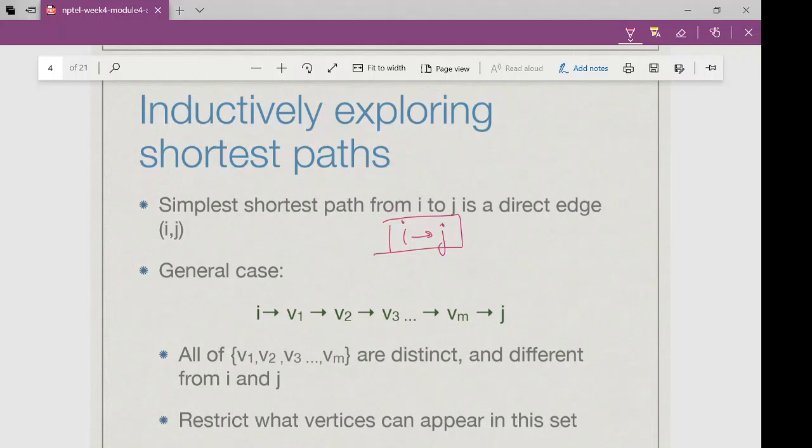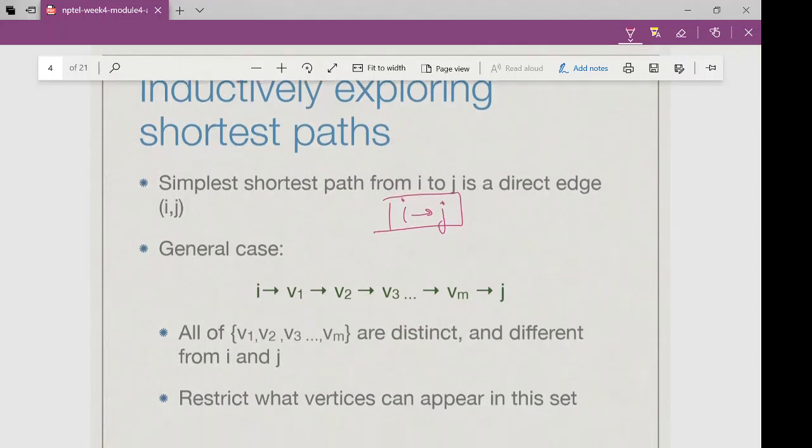We will take the generalized case, and say that if we go from i to j, there are these m vertices which will come in between. This could be one vertex, two vertices, three vertices, or m vertices. And if none of these vertices come, then it means that there is a direct edge from i to j.